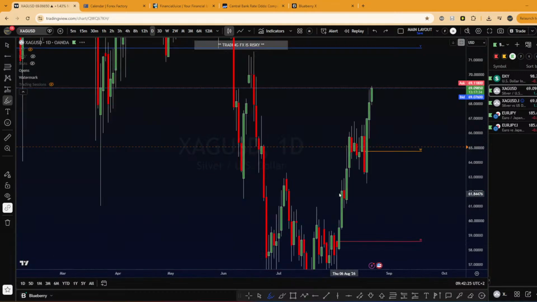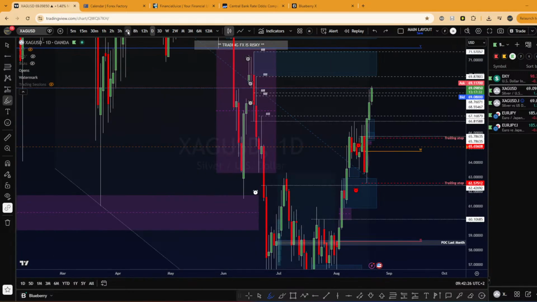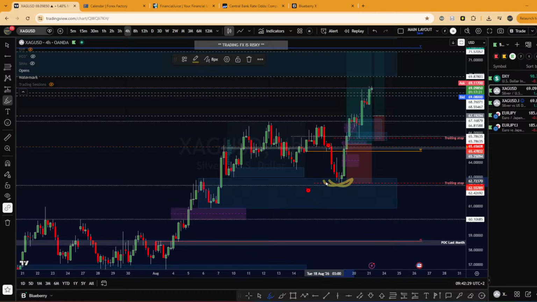So for me, we pretty much retest this level. So I'm not willing to buy here yet. I just wanted to see a break of this previous high to enter again on silver.